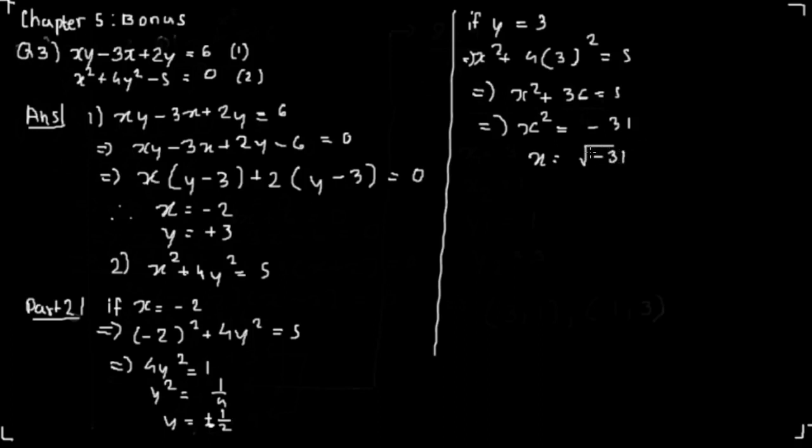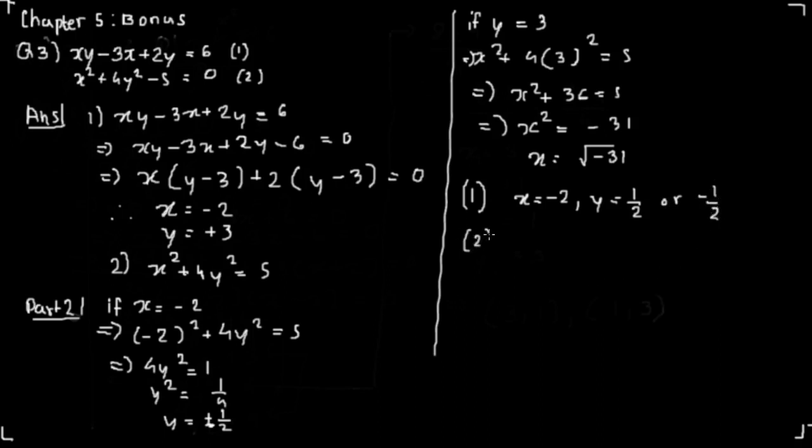Now, hold this value, okay? This isn't possible. You already know this isn't possible, but let's just take this value. So we have both these values. The first case is when x is equal to minus 2, y is equal to 1 by 2 or minus 1 by 2, right?